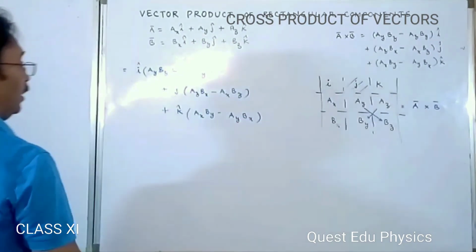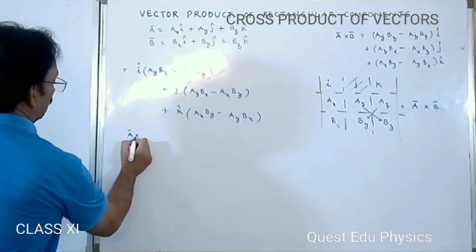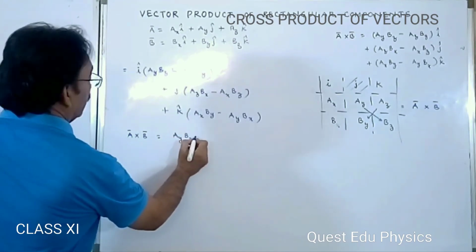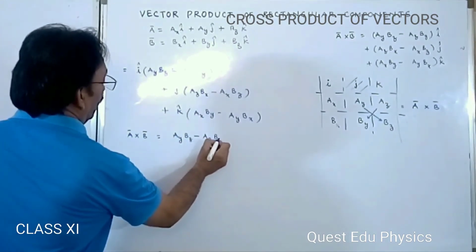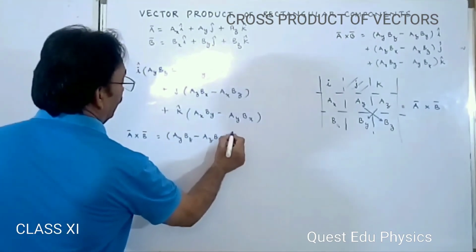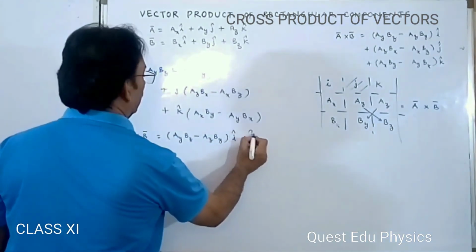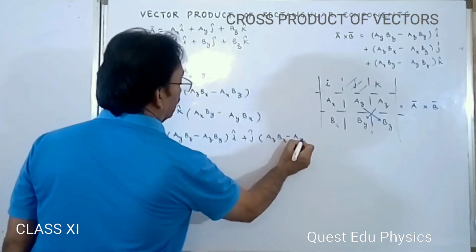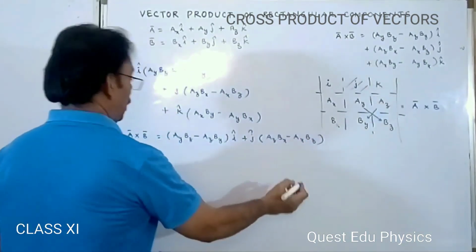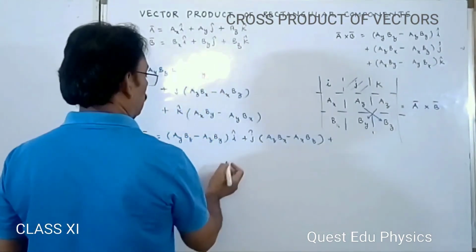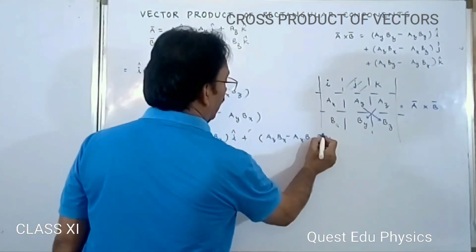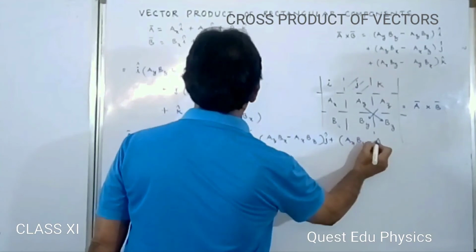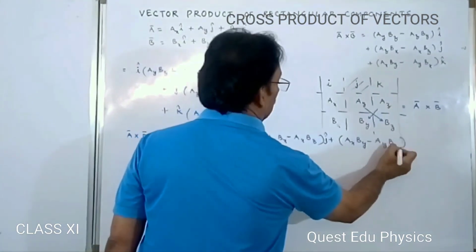Then it can be written as A bar cross B bar is equal to AY BZ minus AZ BY into I cap plus J cap into AZ BX minus AX BZ, plus AX BY minus AY BX into K cap.